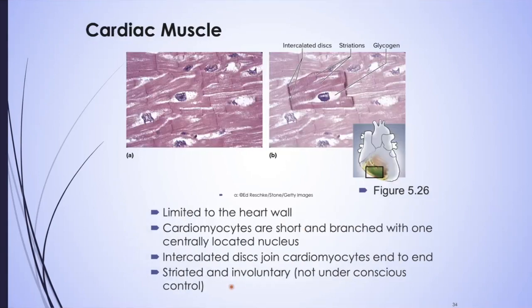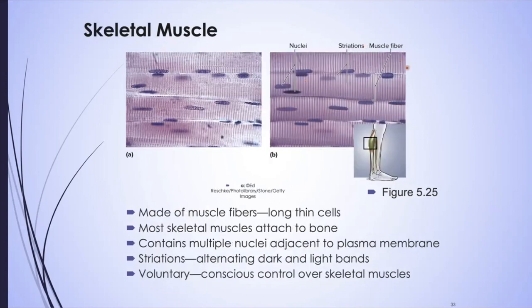All righty. Cardiac muscle. Remember, I told you there was another muscle that also has striations. You can see boom, boom, boom. So yes, they also have striations, but I'm going to back it up to the skeletal muscle. Do you see how the skeletal muscle is one long fiber, striations in between?